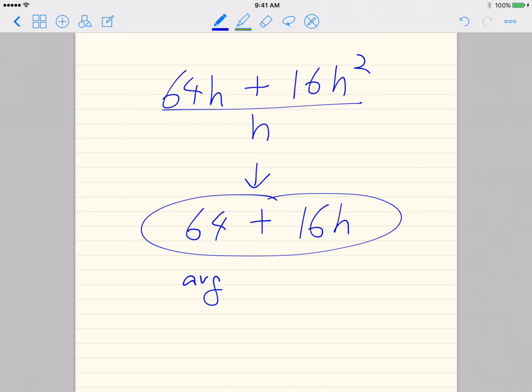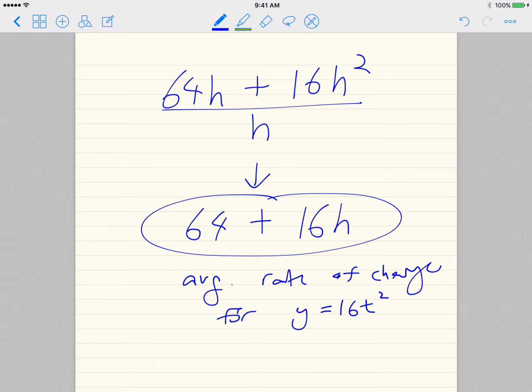This will give you the average rate of change for that function y is equal to 16t squared for any h value. But ideally, we want that h value to be 0 to get the instantaneous rate of change at 2.